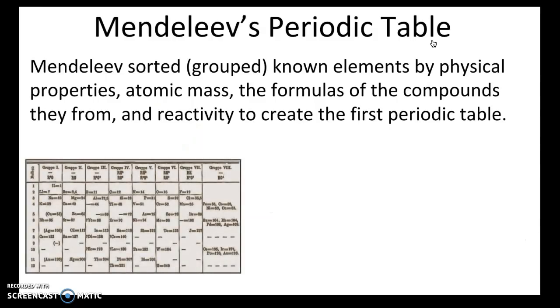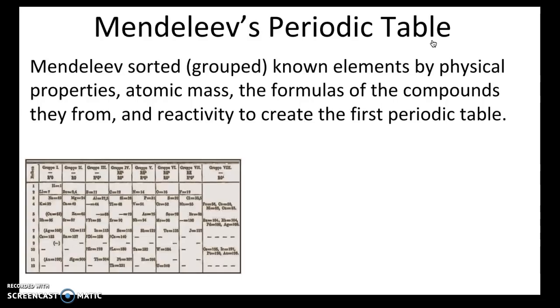So what Mendeleev did was he noticed that elements have similar properties, things that you and I discussed in the previous unit. And he decided to sort or group elements with similar physical properties.